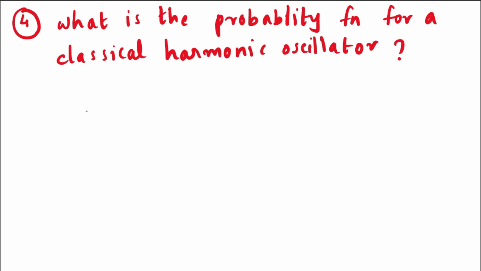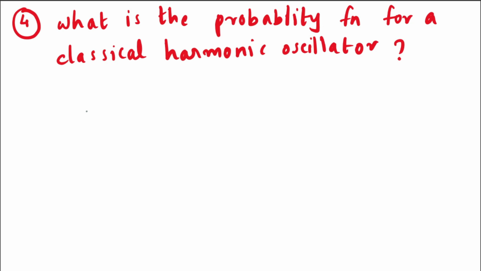In interviews at good institutes like IITs, IISc, and Raman Institute, they will not expect you to remember the final formula. They want you to derive it, in the sense that you should know the basics. The fourth sub question is, what is the probability function for a classical harmonic oscillator?